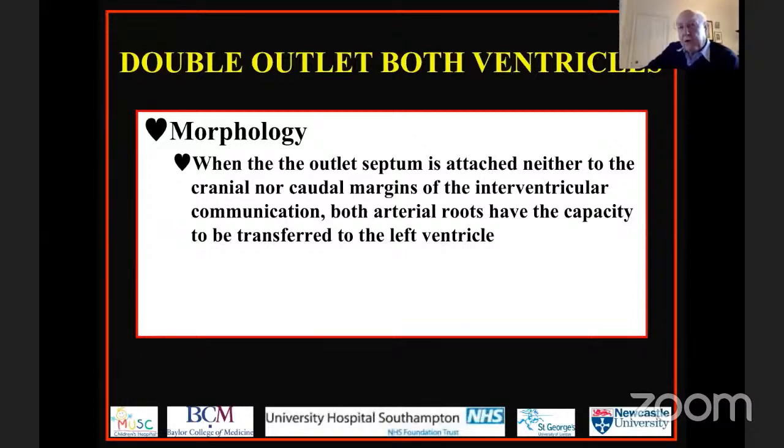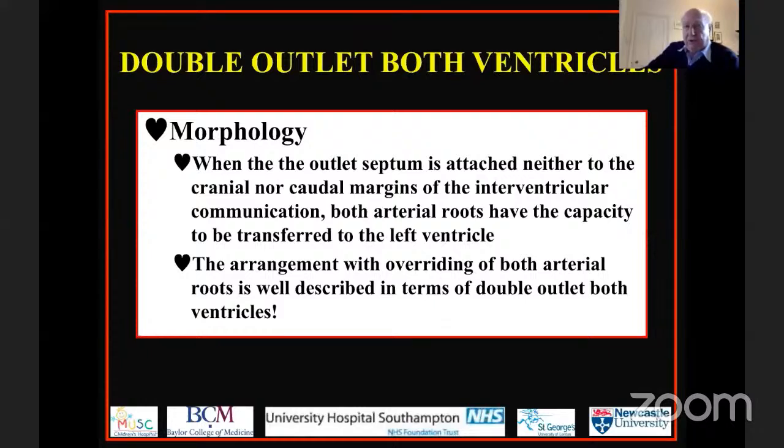But what we are talking about today is that intermediate situation where there is overriding of both arterial roots. And I do believe this is very well described in terms of double outlet both ventricles, and that is now what Dr. Iyer is going to be discussing with you in terms of its diagnosis, more importantly, its surgical correction.